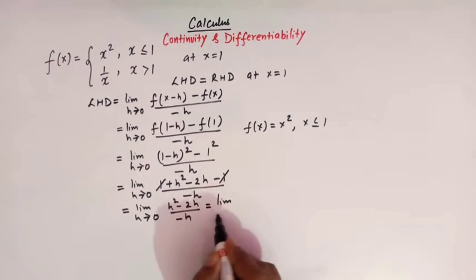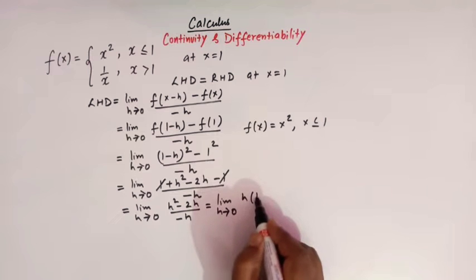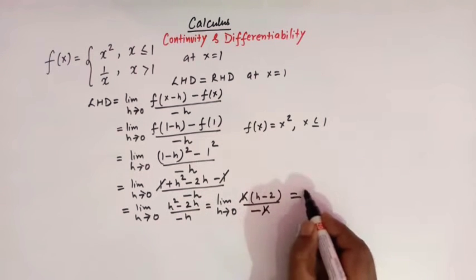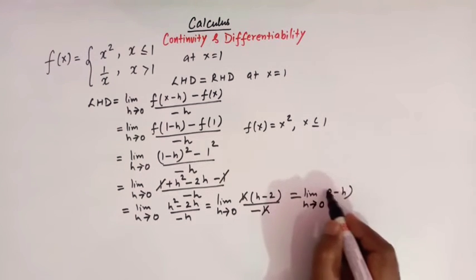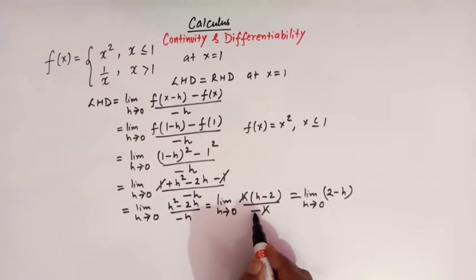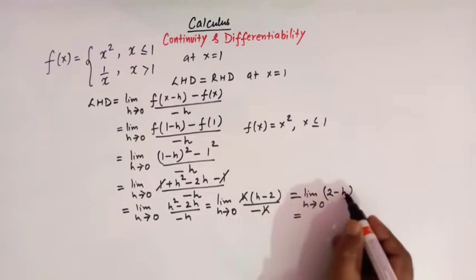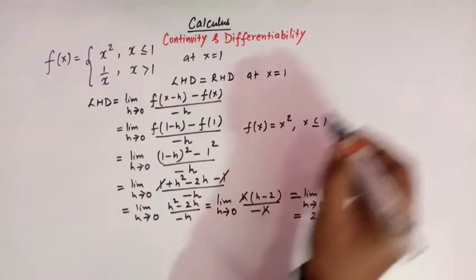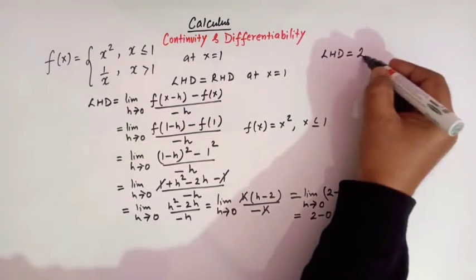We can take h common, so we have h minus 2 divided by minus h, and h gets cancelled, and we have limit h tends to 0, and we can write it as 2 minus h. We can take this negative sign to the numerator, right? Now h is 0, so we have 2 minus 0, that is 2, right? So the left hand derivative is equal to 2, right?